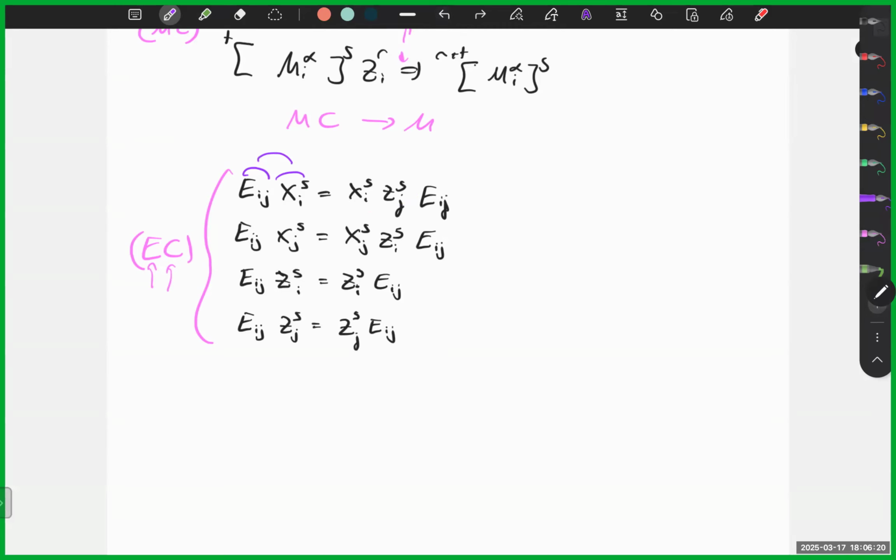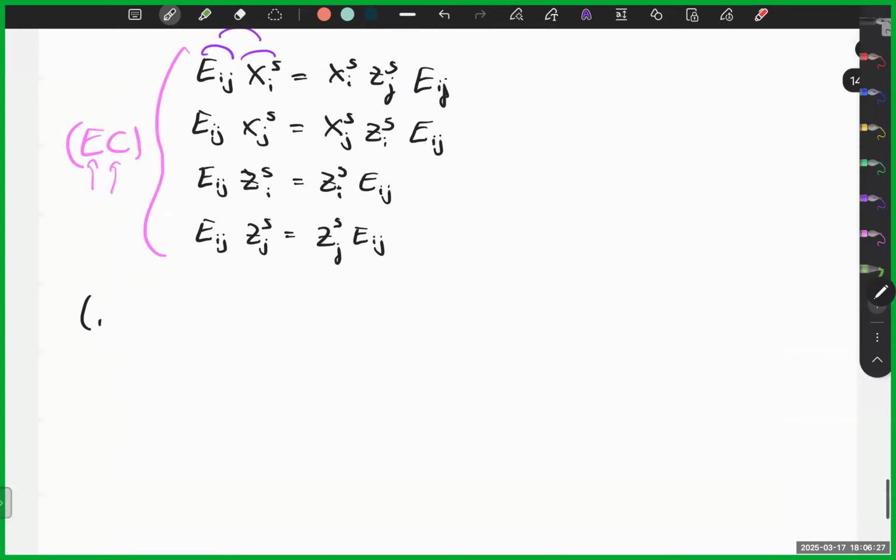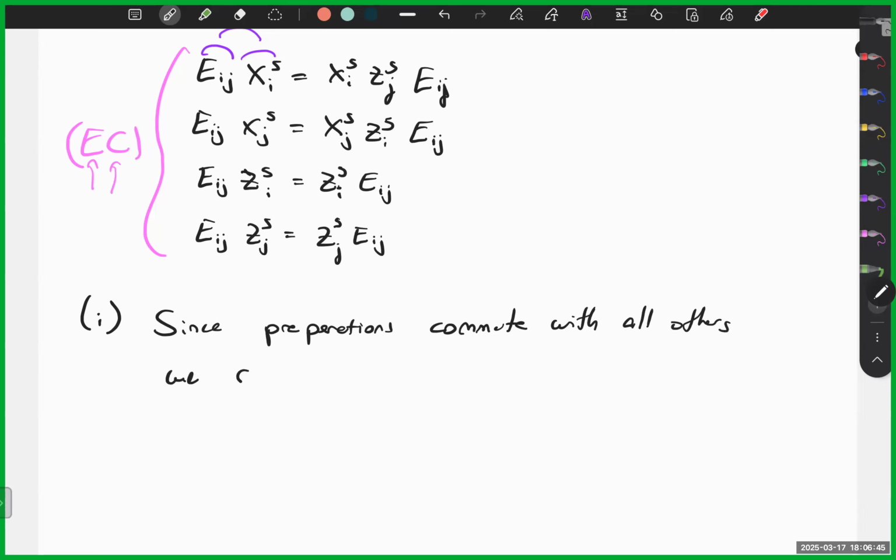And as we discussed, okay, I will write it more clearly. The first step after those rules, since preparation commutes with all others, we can just move them to the right.